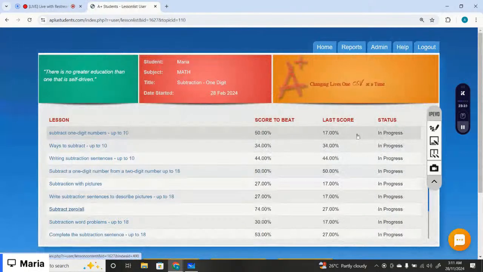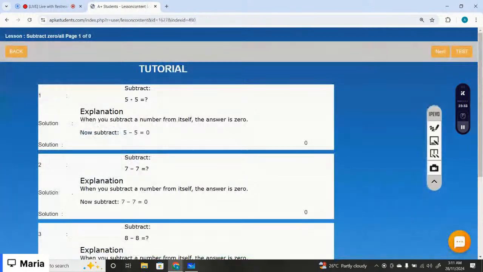The next one is subtract 0 or all. So subtract 5 take away 5.